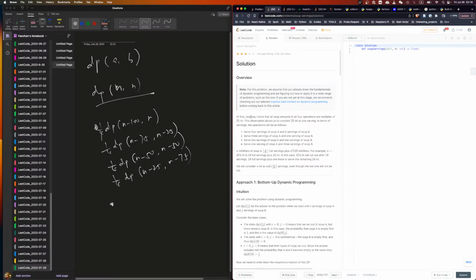It's DP. Multiple of 25. 25 as one serving in terms of servings operation. 4 servings, 3 servings. N milliliter of soup is a full serving plus this.